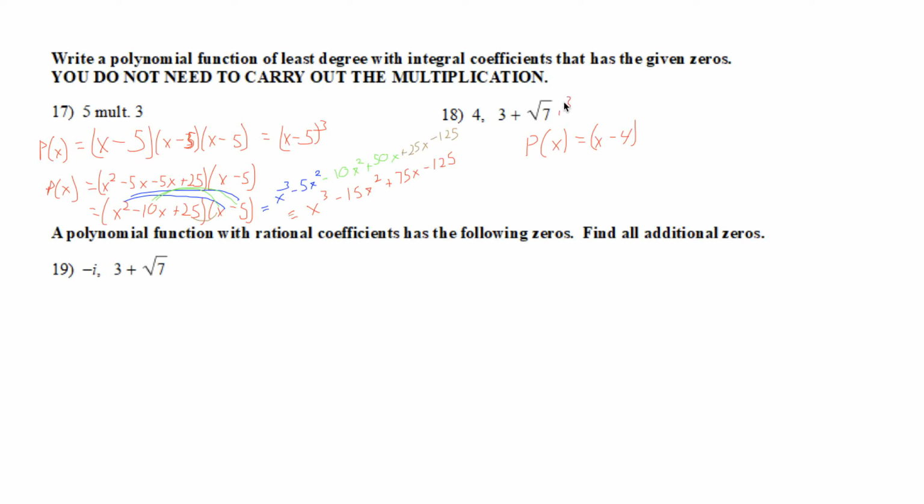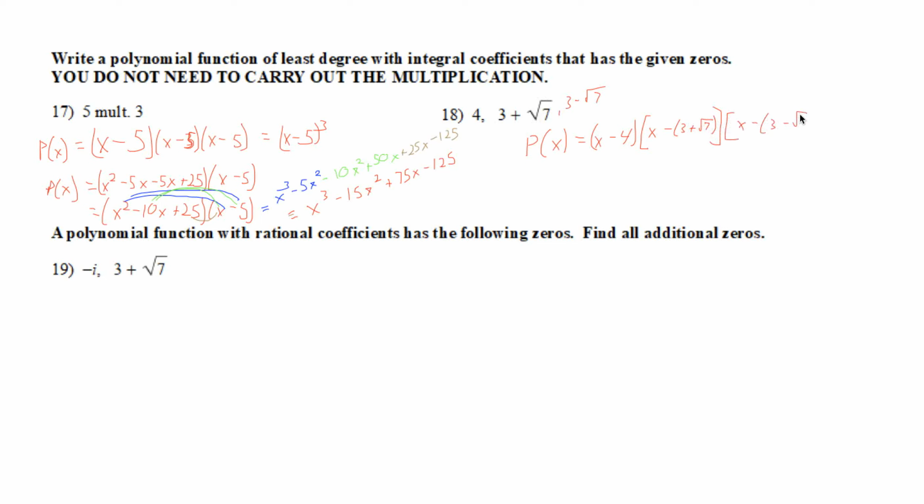So we're going to go ahead and write that 3 minus root 7 will also be a factor. You've got to be careful when you write these. So we want to do x minus, and we're going to put in parentheses because the negative needs to be distributed, so x minus this number, and then our next factor would be x minus 3 minus root 7.